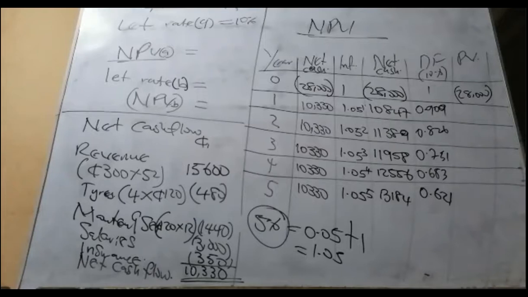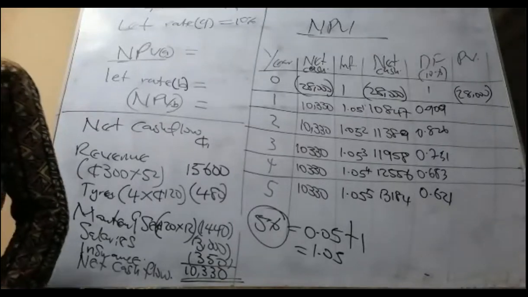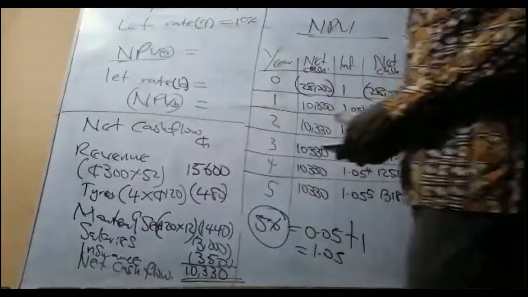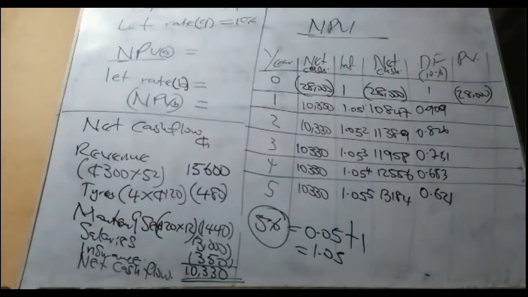So basically, for the very first one, we will get 10,847 times 0.909. Okay, so that'll give us 9850.